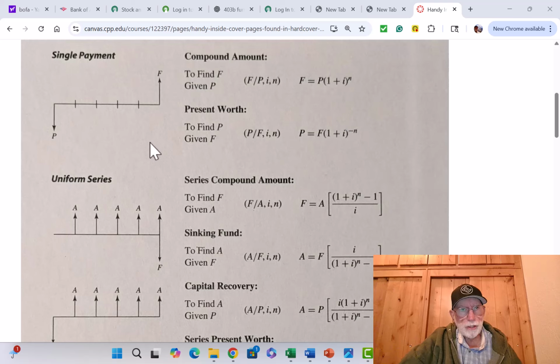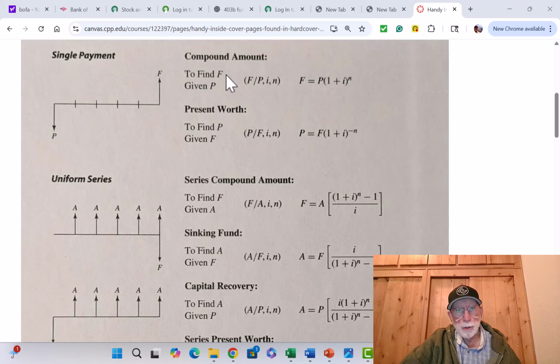First of all, on this handy dandy sheet that you can find in Canvas, copied from your textbook, what you see here is the cash flow diagram for any single payment, which would be, for example, investing $5,000 for a period of time, say 40 years, and having a future sum based on an interest rate I. So let me show you what these other three methods are.